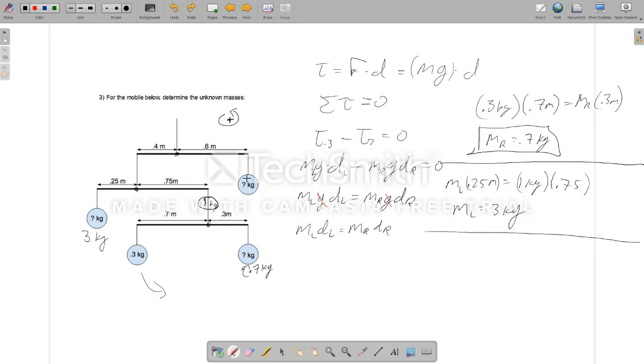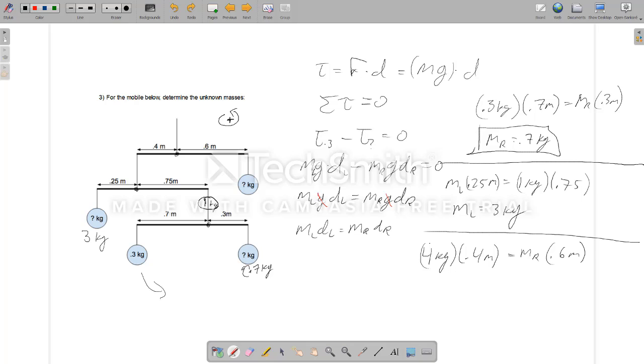And then, of course, for the last one, same deal, mass left, which is now all 3 of these together. So this was 3 kilograms and 1 kilogram. So that's going to be 4 kilograms on the left, times the distance on the left, which is 0.4 meters, is equal to the mass on the right that we don't know, times the distance on the right, which is 0.6 meters.